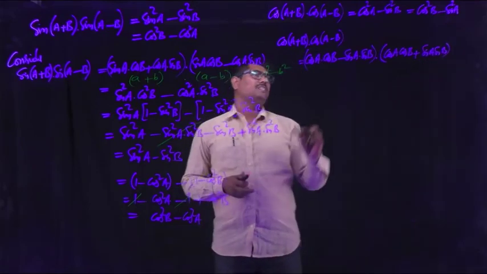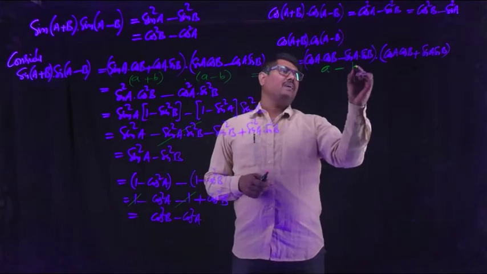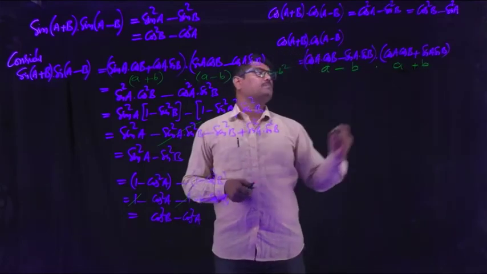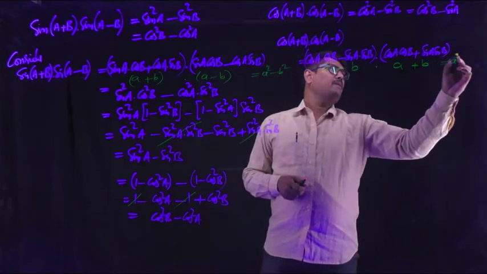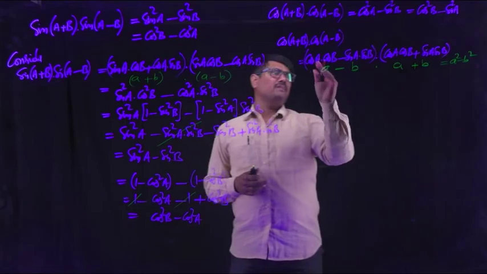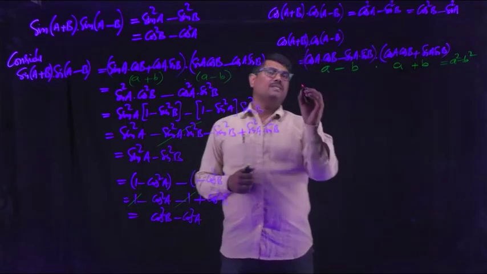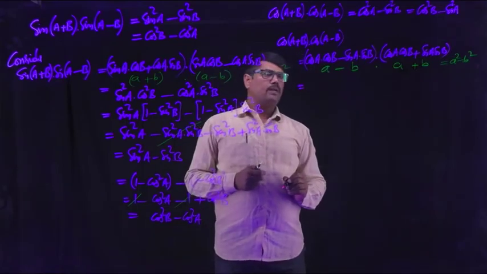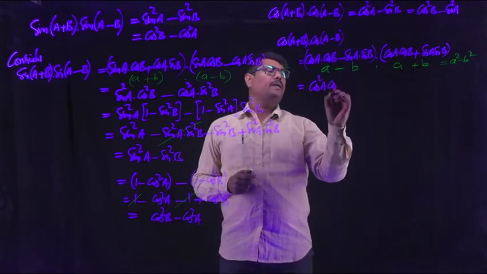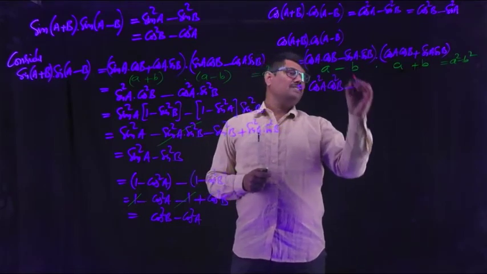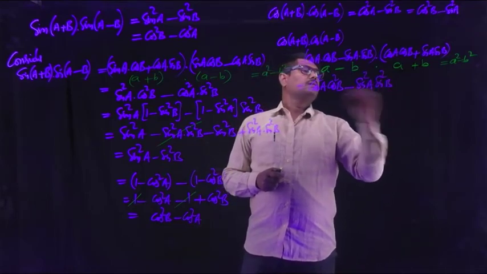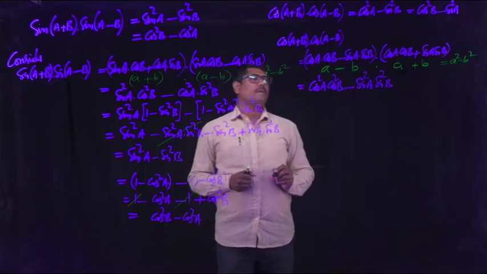Again, if you observe this one, this is again like a plus b into a minus b, which you can write as a square minus b square. So for the expression, considering a minus b into a plus b, which has to be a square minus b square, this will become cos square a cos square b minus sin square a sin square b.